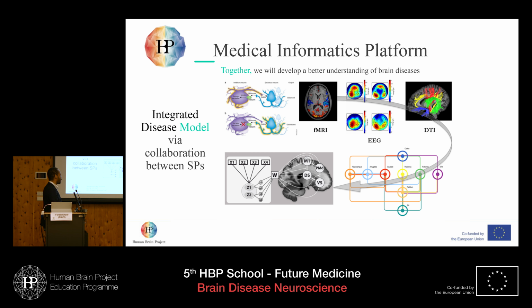We can do tractography, dynamic causal modeling or other types of modeling to really understand the interactions between brain regions and what caused the disease. So I hope that during this week you will see these different ways of modeling data and how they are affected by disease.